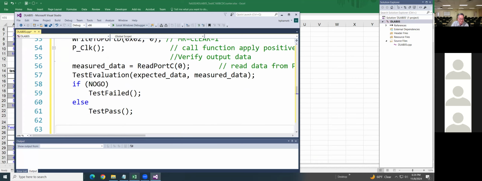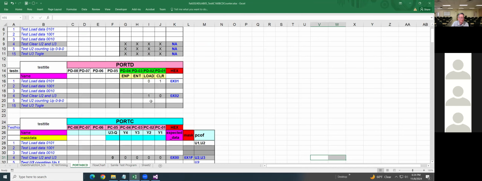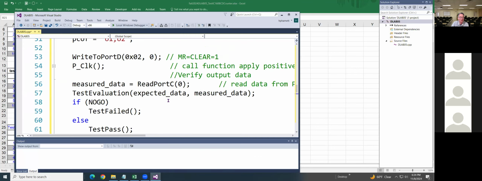Now, let's see what next I want you to do. I want to test for 15. Test U3 toggle. Would you please explain about the test number 5 before that? Right now I'm talking about what will be confusing to guys. If you want test U3 toggle 15, okay, copy this guy.